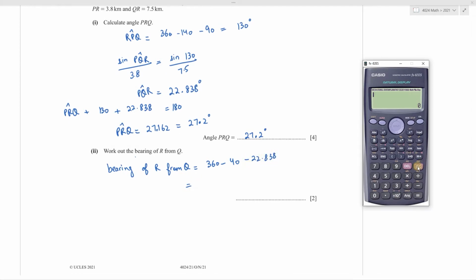So let's calculate that. 360, 40, 22.838. So this is 297.162, or 297.2 degrees up to one decimal place.